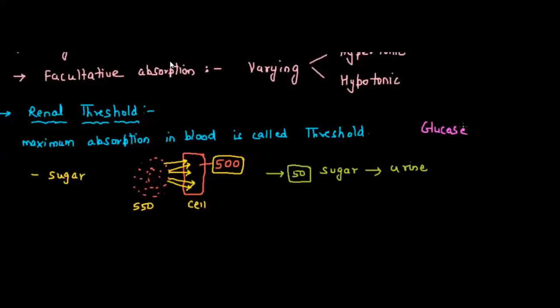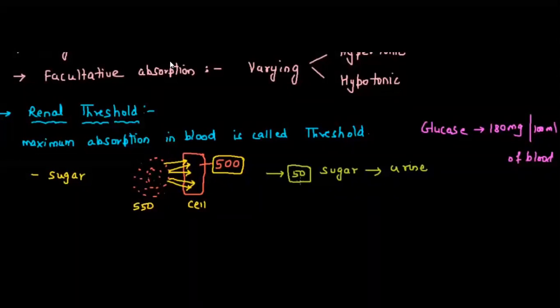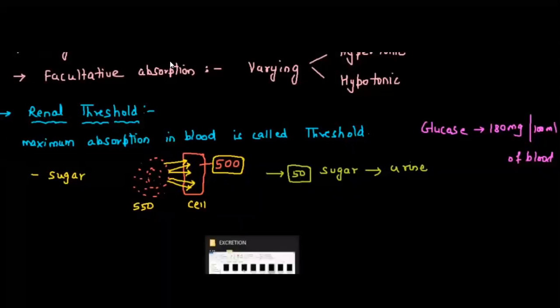Sometimes if you have a little bit of sugar in your urine, it's fine. It was just because your threshold value has been crossed. Glucose 120 to 180 mg per 100 ml of blood is the range. So if you do your glucose test, you should have 180 mg per 100 ml of blood, not more than this. If more than this is there, then it means you are going to suffer from diabetes.